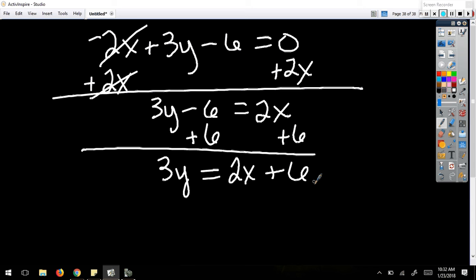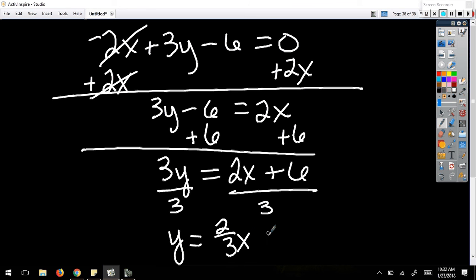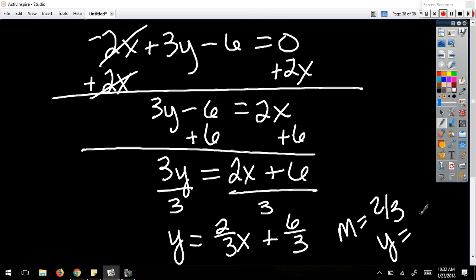Now what? Divide by 3. Remember, it goes to both, so I got 2/3 x plus 6 over 3. So what's the slope? 2 over 3. What's the y-intercept? 2. 6 divided by 3 is 2. Does that make sense? Okay.